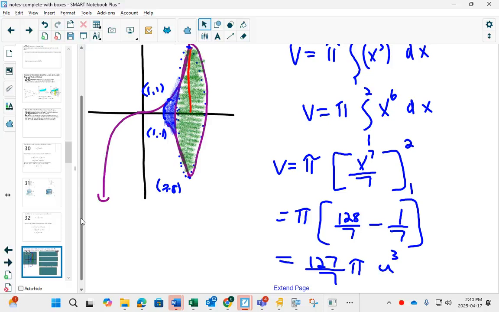So some things to notice in this question, you have to see which axes they're rotating about. Are they rotating over the x-axis or rotating over the y-axis? If they're rotating over the x-axis, then you're going to go from left to right. In this case, we go from 1 to 2 and figure out pi r squared from that.